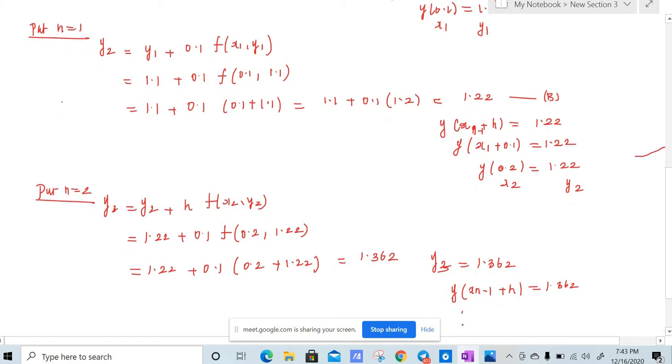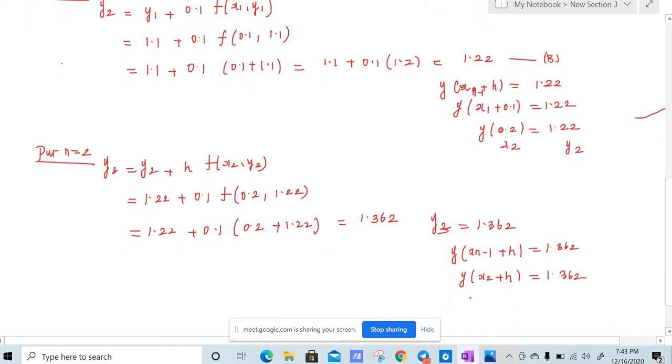So n is 3 here. So y of x2 plus h is equal to 1.362. And what is x2? x2 is 0.2 and our h is 0.1. So y of 0.3 is equal to 1.362, right? So that's it. This is our answer, right?